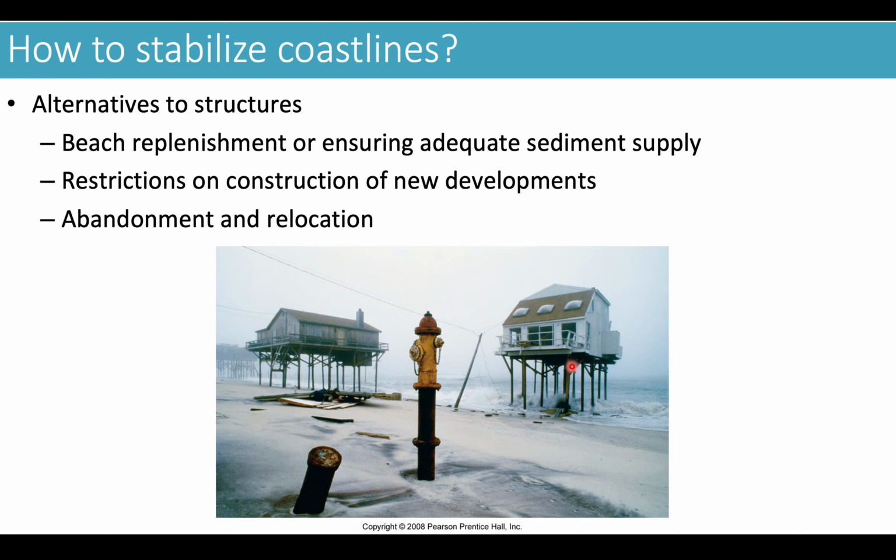Many of the houses were raised up to try and avoid the ocean. That didn't last long, however, and everyone eventually evacuated this location. So if the worst comes to worst, abandonment and relocation is what will have to happen if there is no other way to stabilize the coastline.